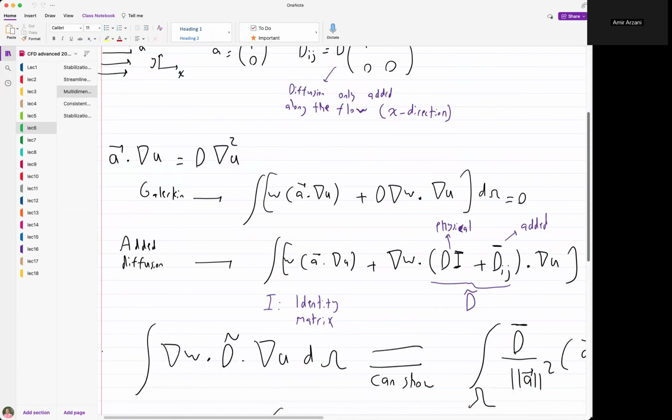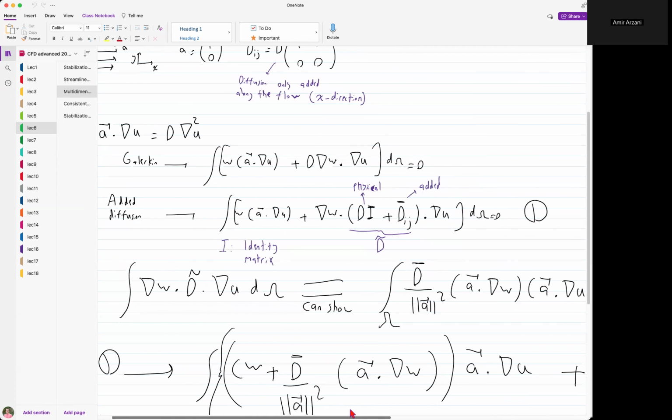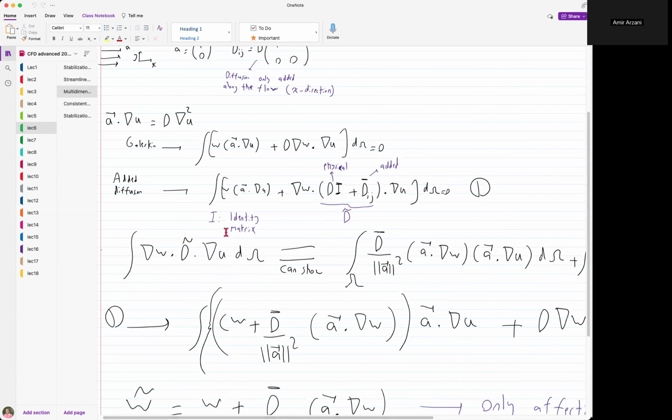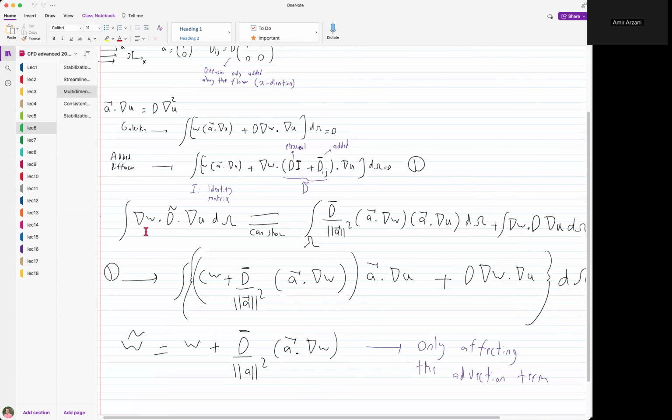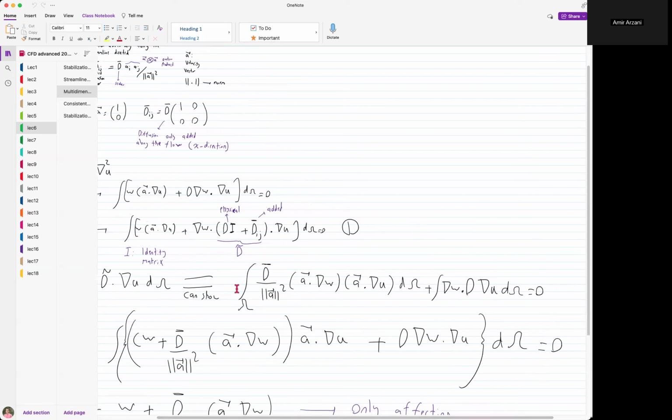Now let's take a look at this diffusion term, the Laplacian term in my weak form, and see if I can simplify it. If I plug the definition of d bar into this term and simplify, I can show that it will look something like this.